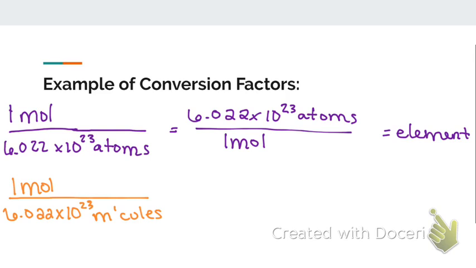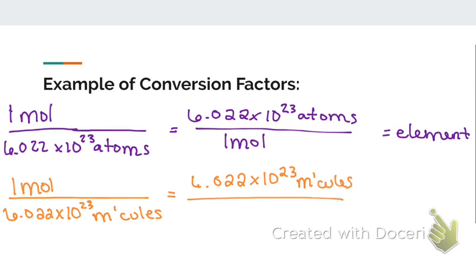Because again, we as chemists are lazy and we like to save ourselves writing. So the conversion factor between the two is the same. What I'm trying to get at is you can use this conversion factor for both an element or a molecule, which is different in that it is a compound. It contains 2 or more elements.